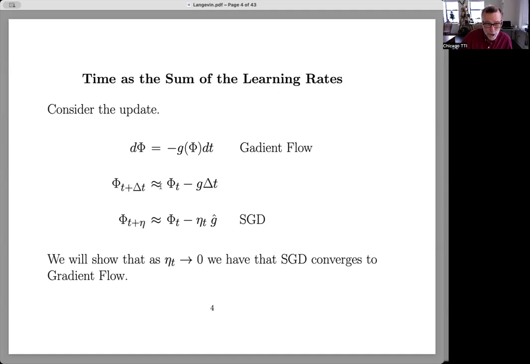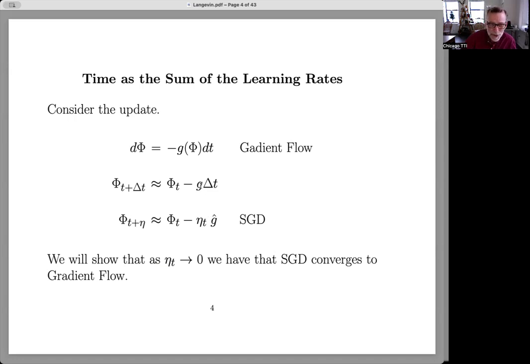Okay, I want to look at this equation and compare it to stochastic gradient descent. Here's SGD, and I'm going to consider the sum of the learning rates to be, I'm going to think of that as time. So here's the SGD update. We take the parameter and we subtract a learning rate times an estimate, a noisy estimate of the gradient.